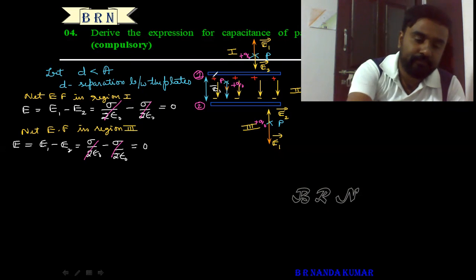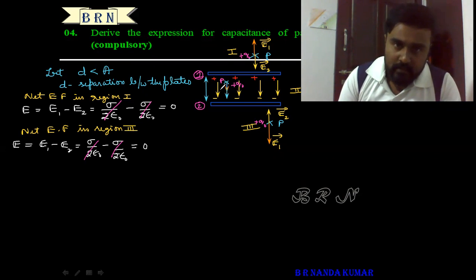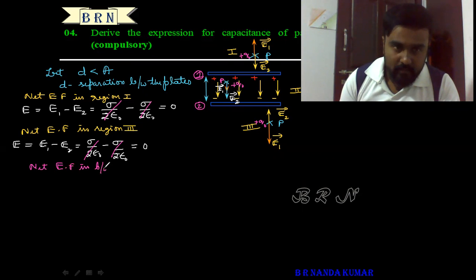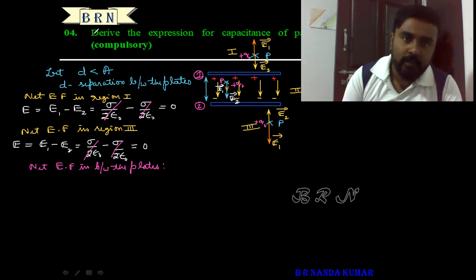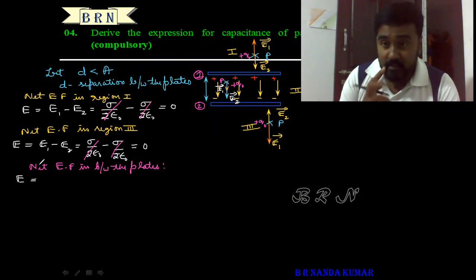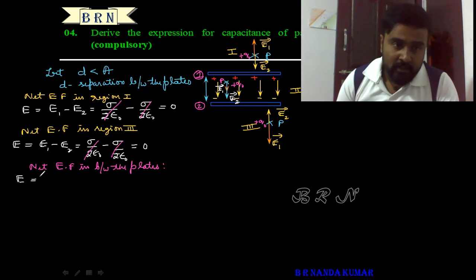This is E1 vector, this is E2 vector. So, the net electric field in between the plates, that means region 2. Two vectors moving in the same direction, so to find the resultant we have to add them. So E is equal to E1 plus E2.